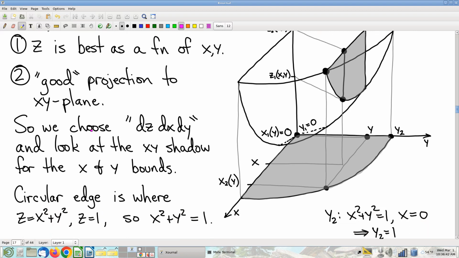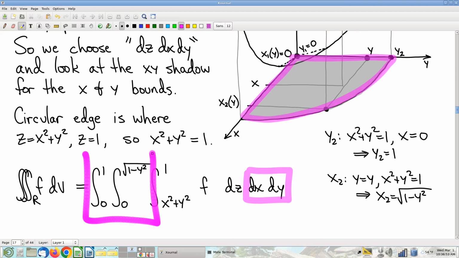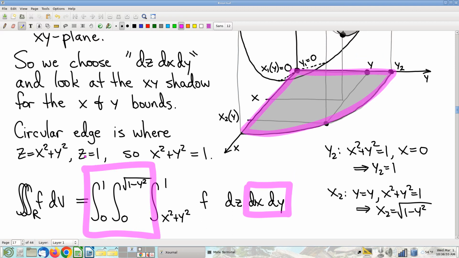Okay, so now let's start slicing it up then. And keep in mind, I don't even really have to look at the solid. I can just look at my projection down here to find my x and y bounds. Because, of course, as previously discussed, the projection contains all of the information about x and y bounds of the original solid. So it's basically a double integral question. And I can see pretty directly that y goes from 0 to 1.